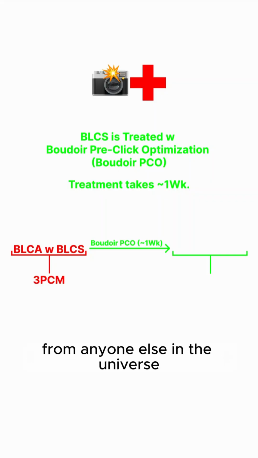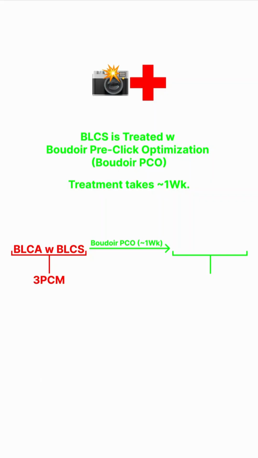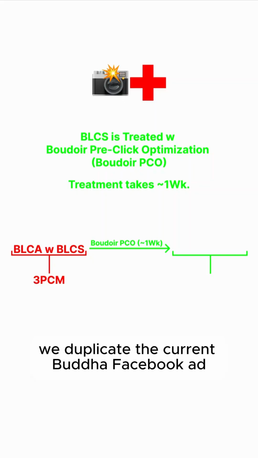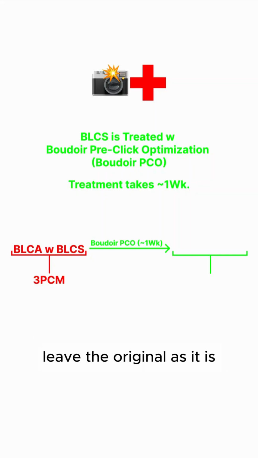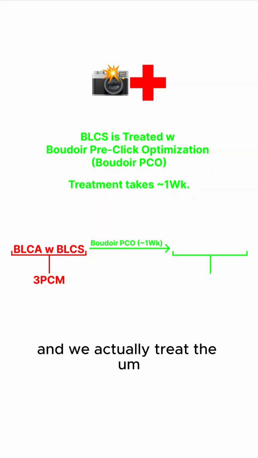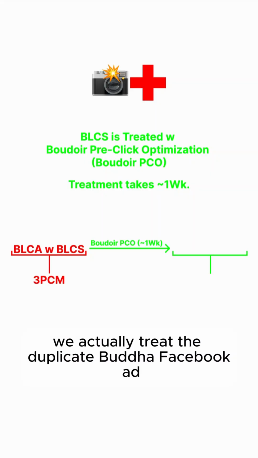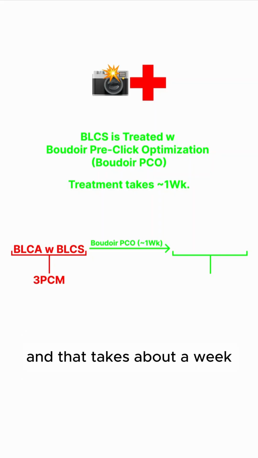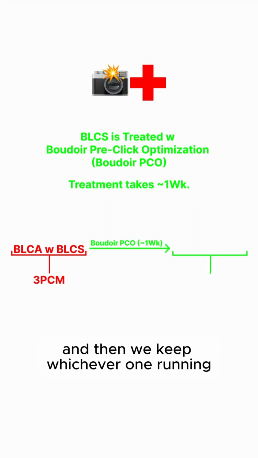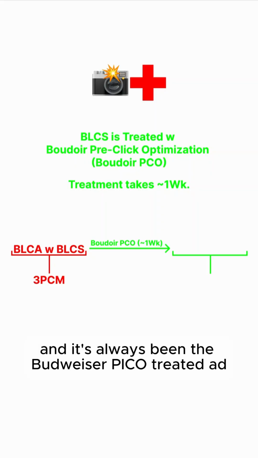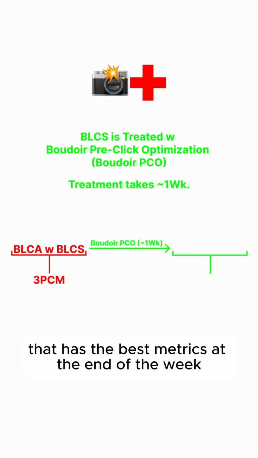You can't get this anywhere else from anyone else in the universe. What we do is duplicate the current Boudoir Facebook ad, leave the original as it is, and treat the duplicated ad. That takes about a week, and then we keep running whichever one has the best metrics. And it's always been the Boudoir PICO treated ad that has the best metrics at the end of a week.